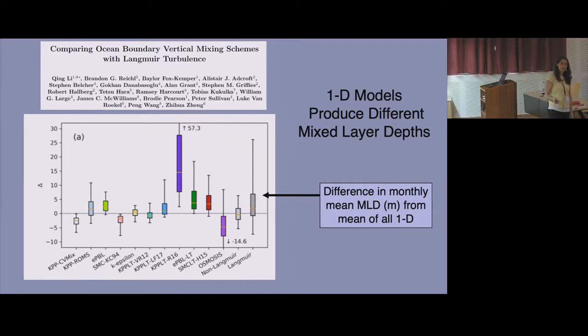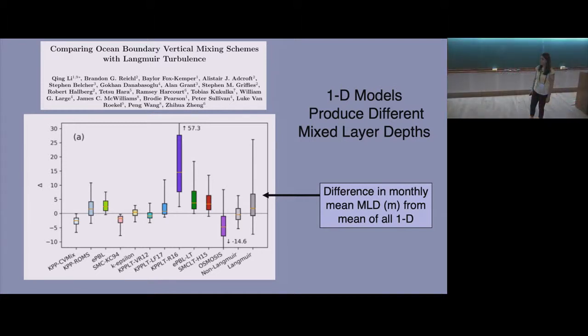I'm not going to be talking about Langmuir today, but what this shows is a difference in monthly mean mixed layer depth from the ensemble mean of all the models. And what's striking about this is that these models on the left, without any Langmuir parameterization, still show a significant amount of spread, almost as much spread as you have once you add these different types of Langmuir parameterizations. And this is kind of highlighting that these different 1D mixing schemes might be giving different results.